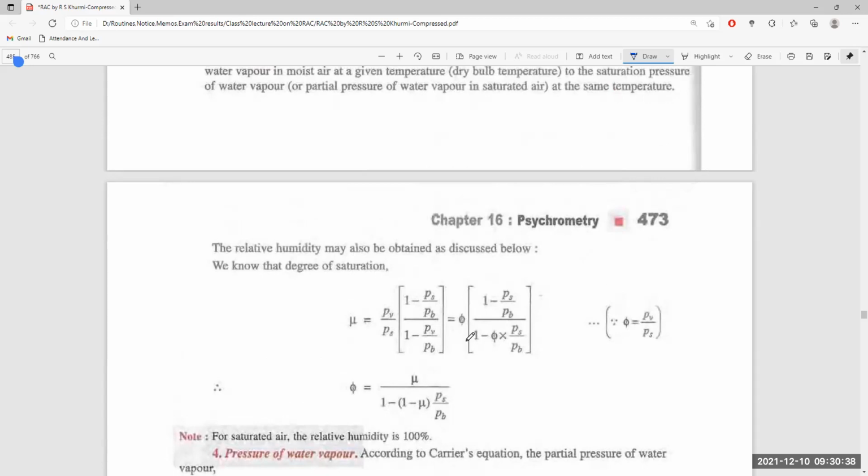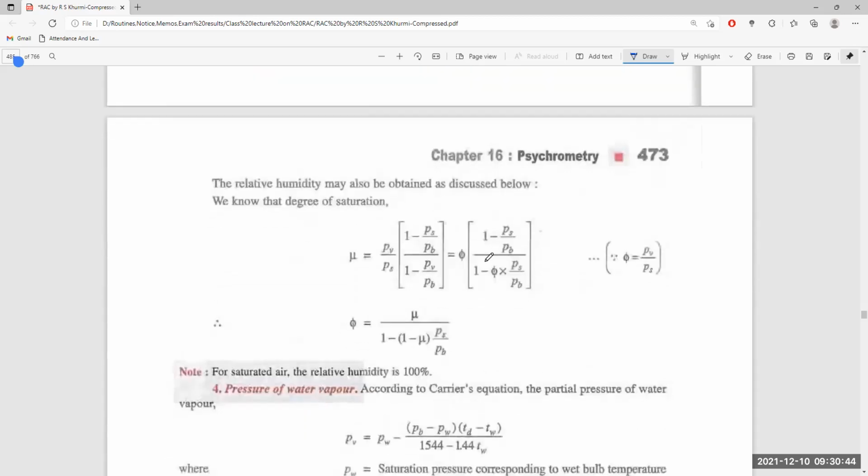So as we are doing, Pv by Ps is phi. This is phi multiplied by 1 minus Ps by Pv, 1 minus Pv by Ps. Then Ps by Pv is equal to Pv by Ps multiplied by Ps by Pv.